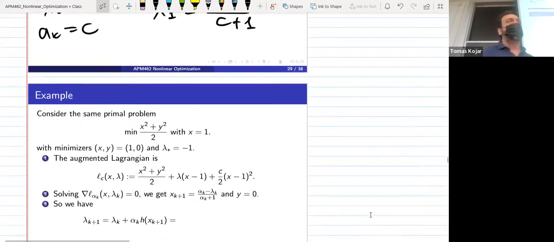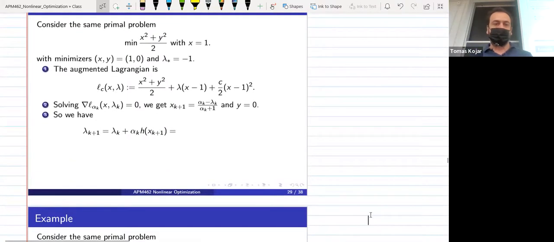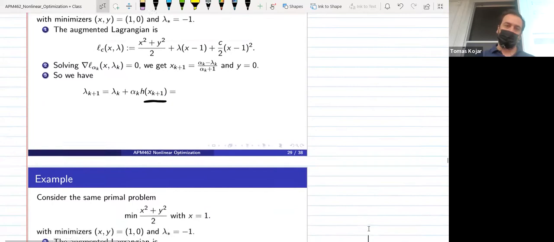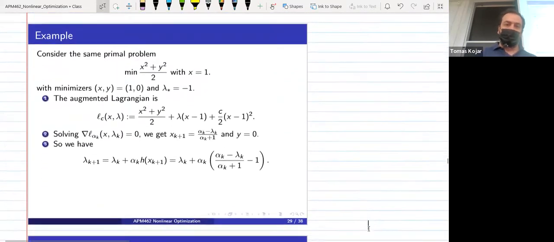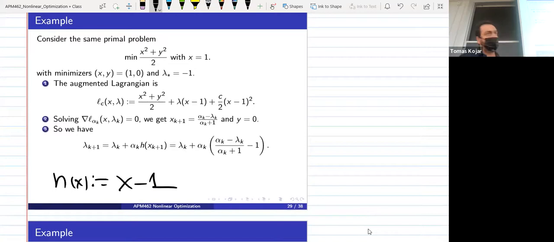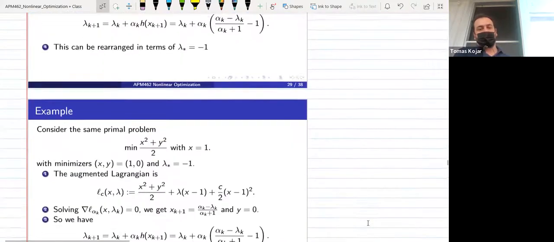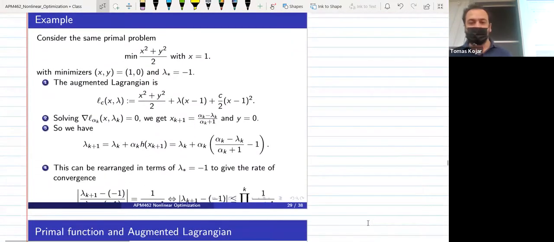Now that you got your x, you want to find your next multiplier. So you just compute h of the minimizer. And what is h? h of x is equal to x minus 1. Okay, so then I just plug it in.